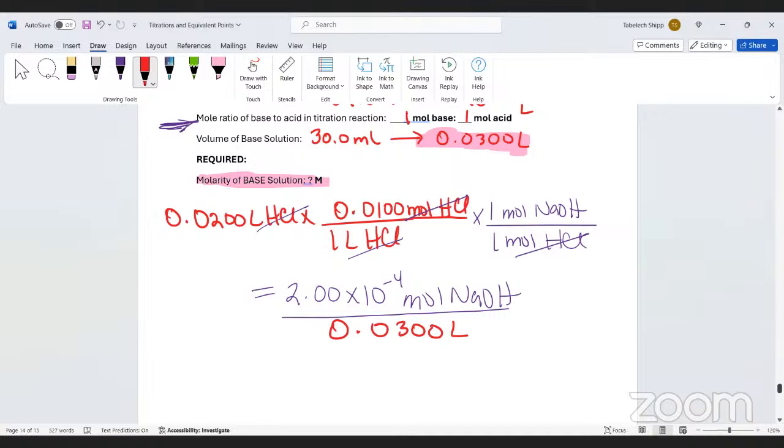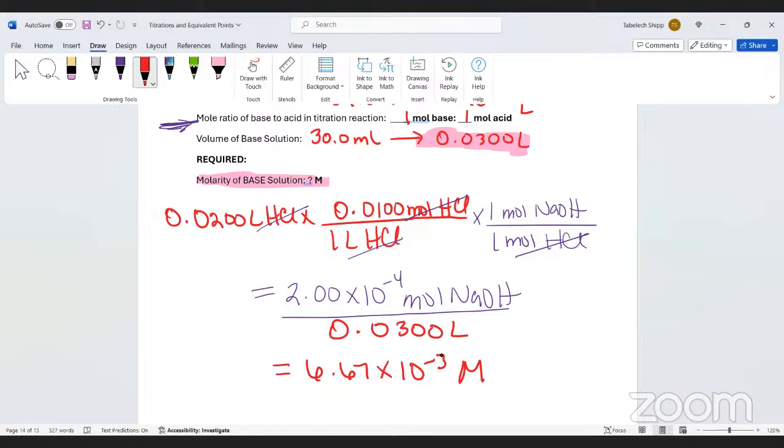And we get, and y'all, I know some people say, oh, that's a devil number. It's not. 6.6666 times 10 to the negative 3rd. Well, if it makes you feel better, you only need 3 of those numbers. So you're going to say 6.67 times 10 to the negative 3rd molarity. Okay?